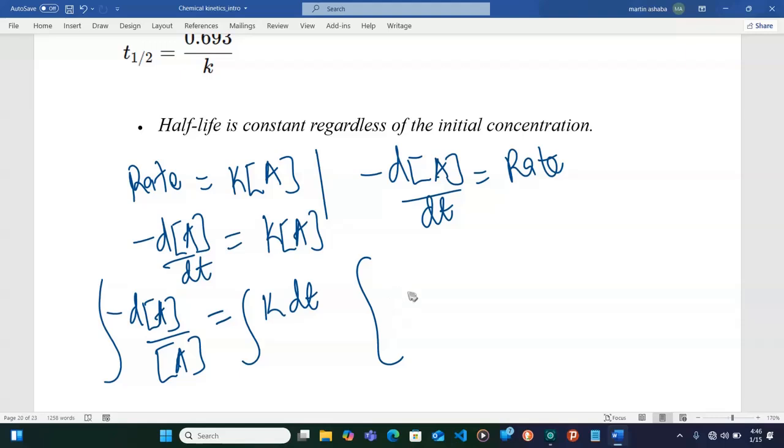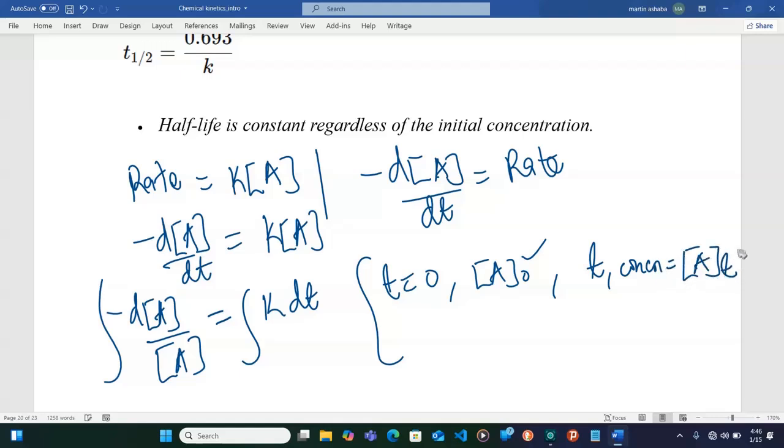If I consider that at t is equal to 0, the concentration is equal to this, and then after time t, the concentration is going to be concentration of A. That is what we are going to consider here.